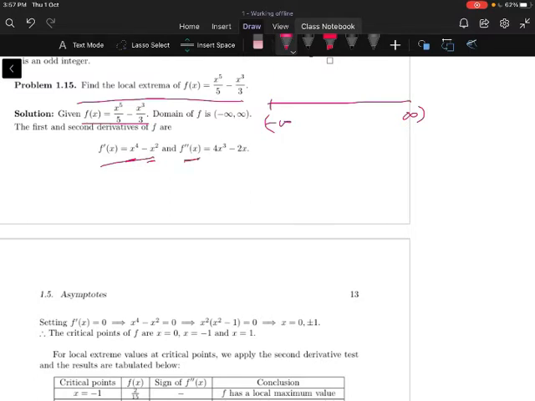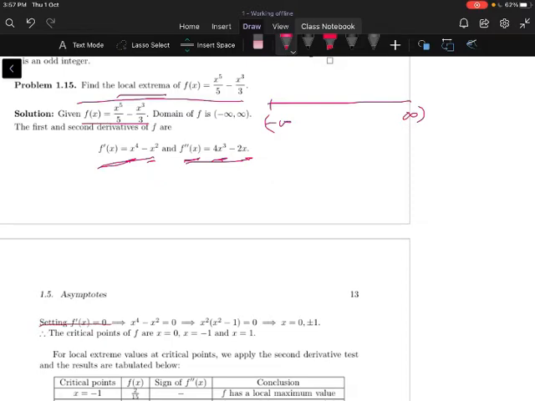Again differentiating f dash of x with respect to x, f double dash of x is equal to 4x cube minus 2x. So we have the first derivative and second derivative.